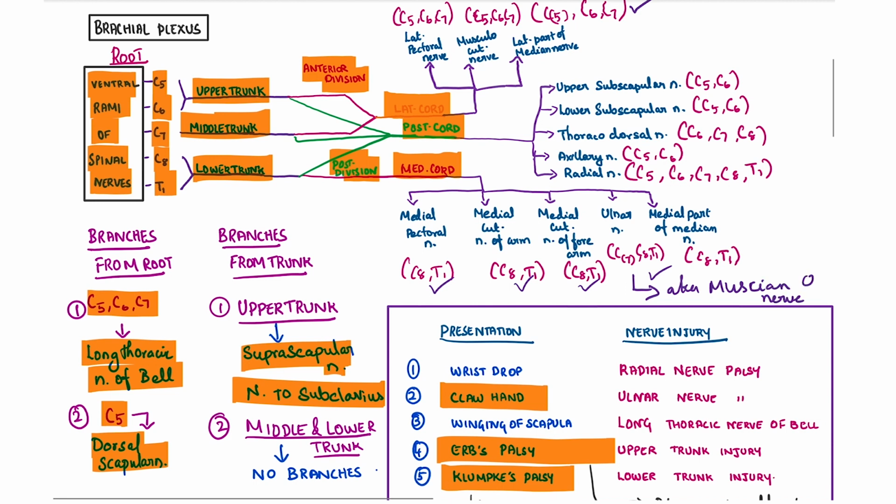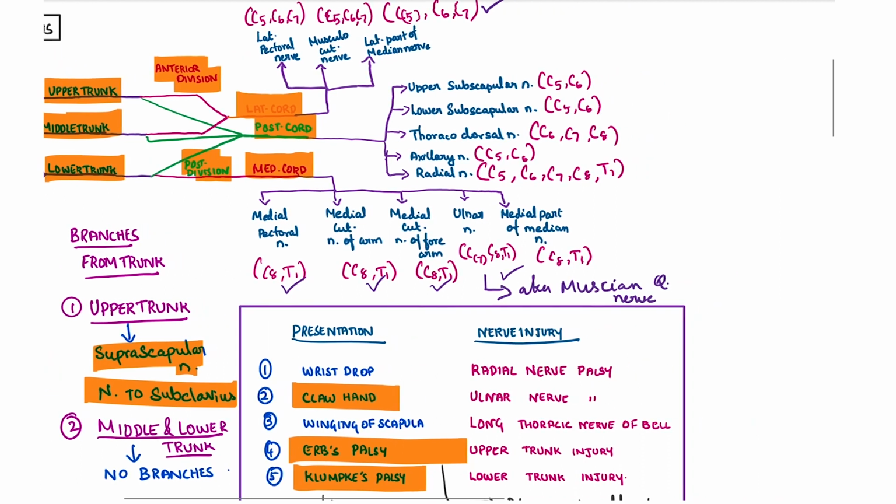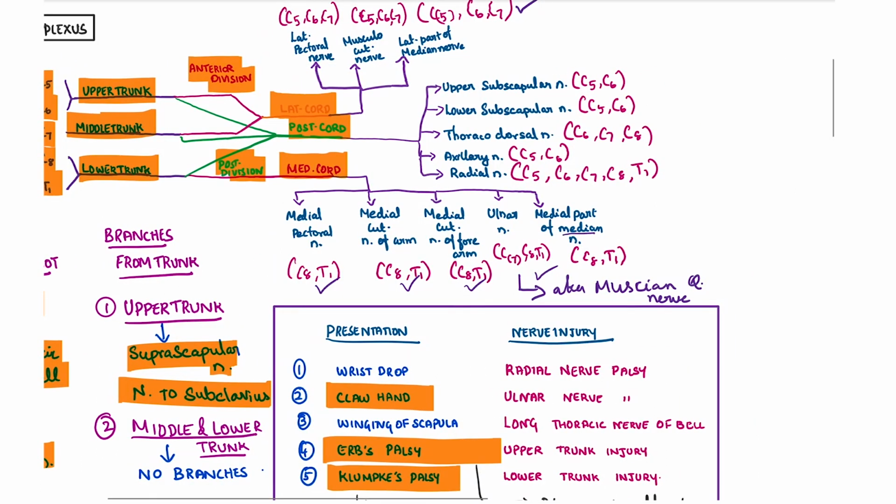Very important MCQ, people. And the median nerve, the lateral part and medial part combined together, is also known as the laborer's nerve. Another important MCQ, people, you should never forget.